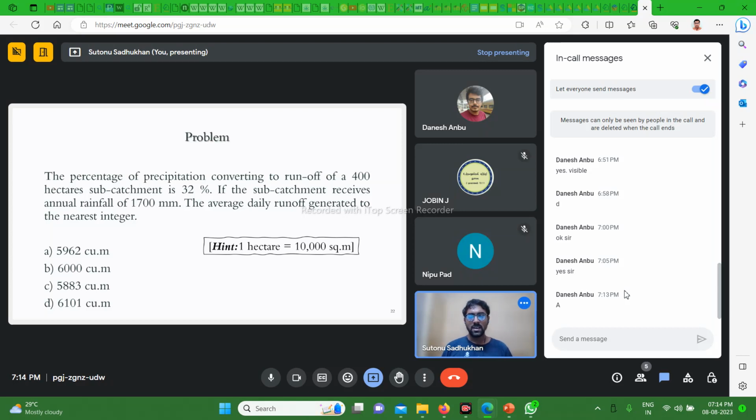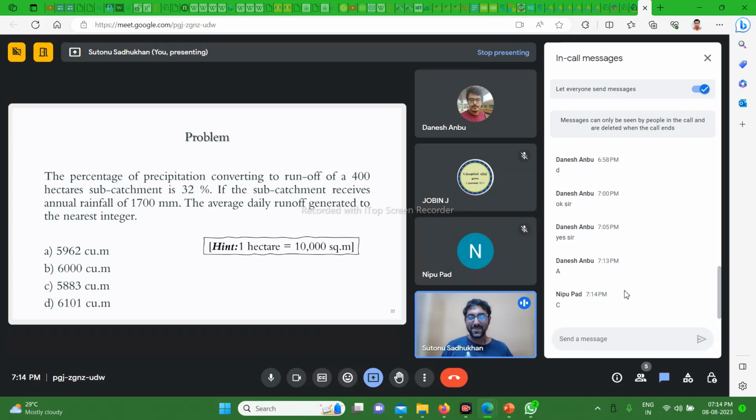Only the assignments are graded; these are for practice sessions and for interaction, for doubt clarifications only. Whatever things you will be doing in your assignments and exams, only those will be graded. So don't be afraid if your answer is wrong. You can calculate. So Jobin and Nipu can answer. No others have joined, I think. Okay. Later people can also practice.